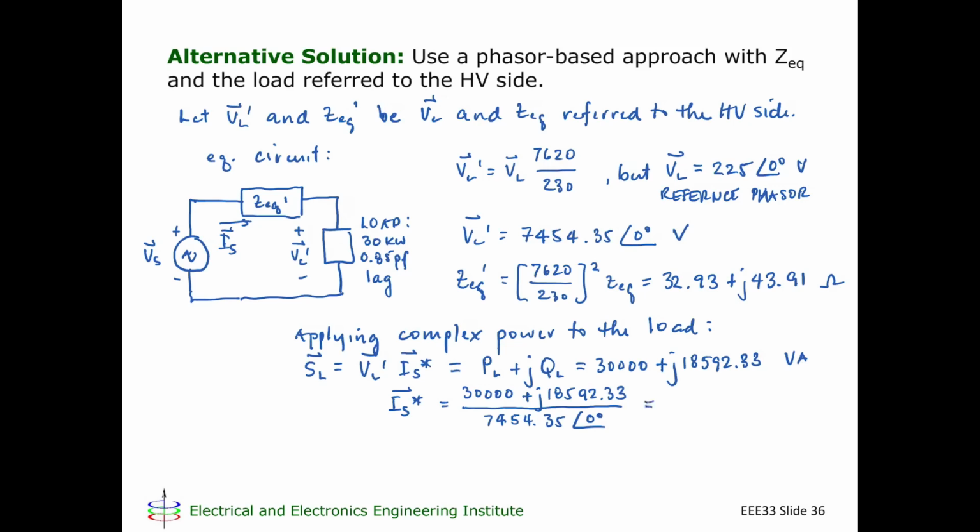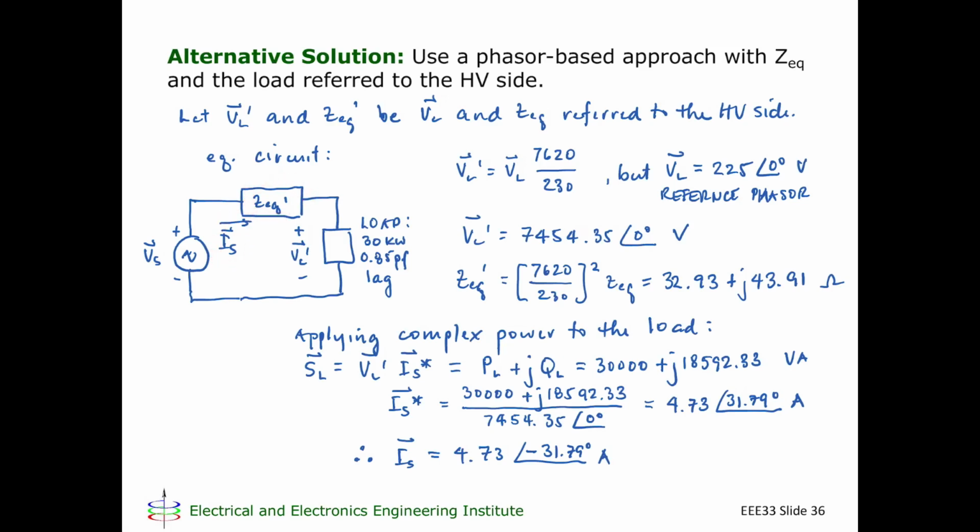And I'm going to get 4.73 at an angle 31.79 degrees amperes. Therefore, I_S, my source current, will be 4.73 at an angle negative 31.79 degrees amperes.